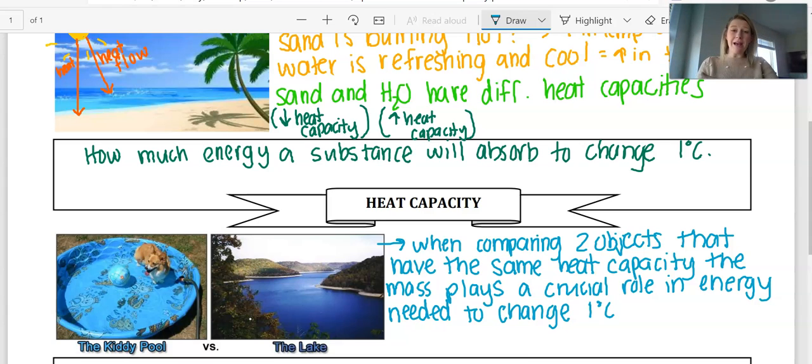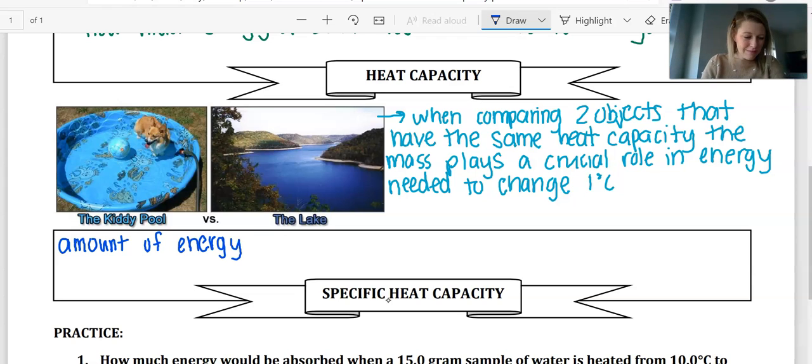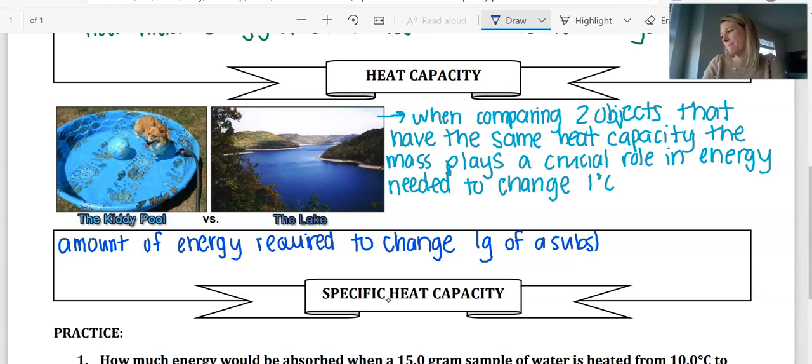And so heat capacity, while it is a useful piece of information, is not as useful as what is called the specific heat capacity. Specific heat capacity is the amount of energy required to change 1 gram of a substance 1 degree Celsius.